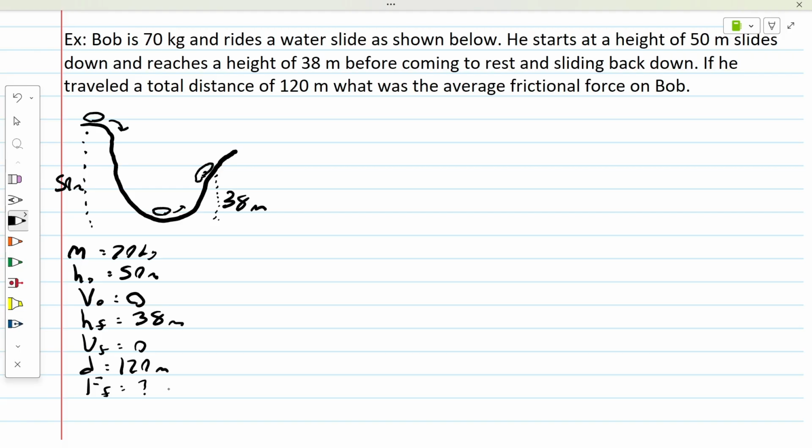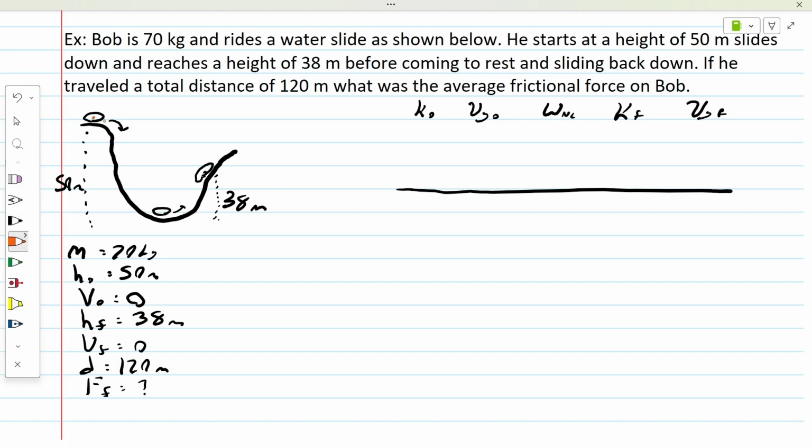Okay, so let's start by drawing our graph of energies. Now we're going to have the initial kinetic energy, the initial potential energy, the work from non-conservative forces, and then the final energies. At the initial point and the final point, the velocities are 0, which means there's going to be no kinetic energy for the initial or the final.